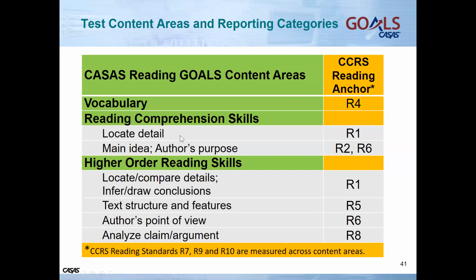While the higher order reading skills require DOK2 or 3, and you can see are more complex: inferring, drawing conclusions, these kinds of other topics that require higher order skills. And you can see the related CCR standards for these, and the other ones that we felt were covered across the different categories. I see there's a question about the calculators.